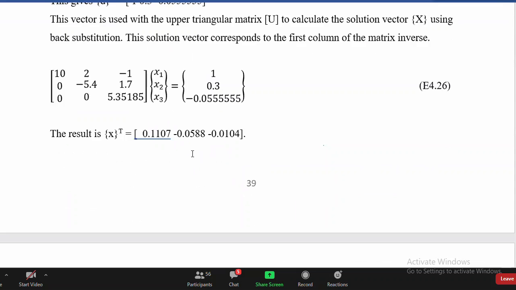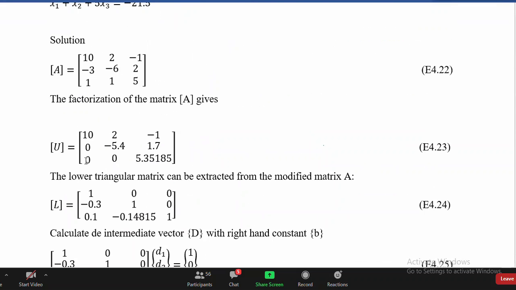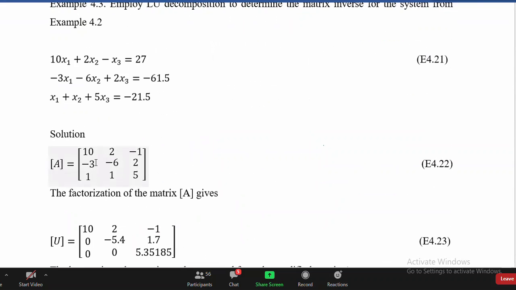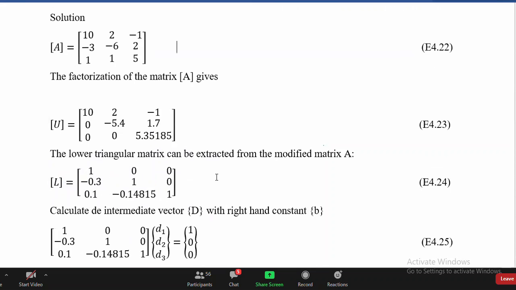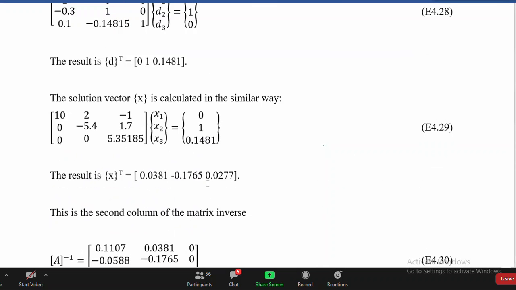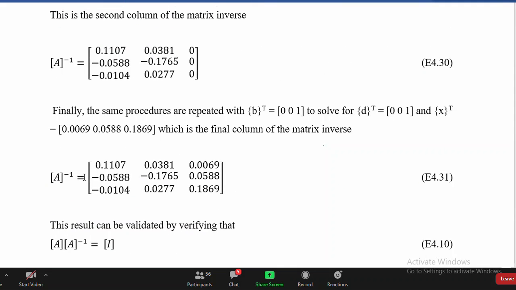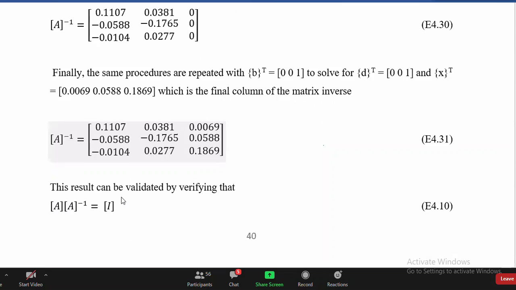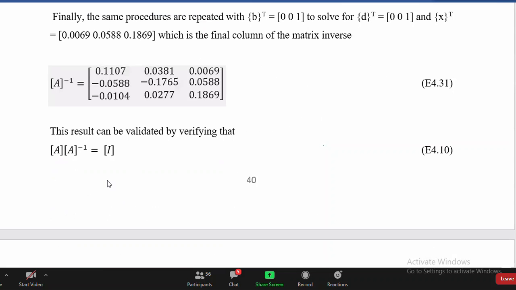You can see how simple it is. See, this is the matrix inverse of this one here. Let's say I wanted to see if I could paste it side by side.